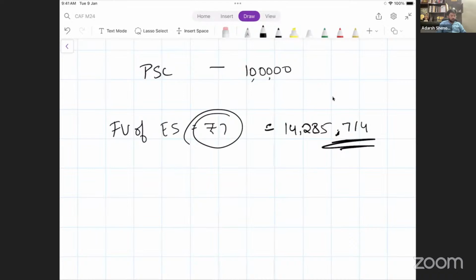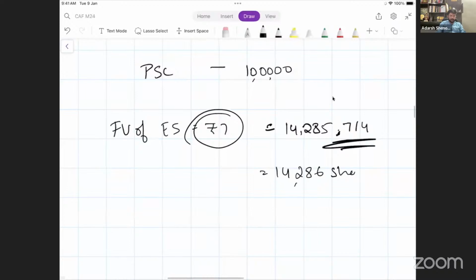The answer is no. You can't issue shares in fractions. You will have to issue it in whole numbers only. So what will be the whole number? 14,286. I must issue 14,286 equity shares.